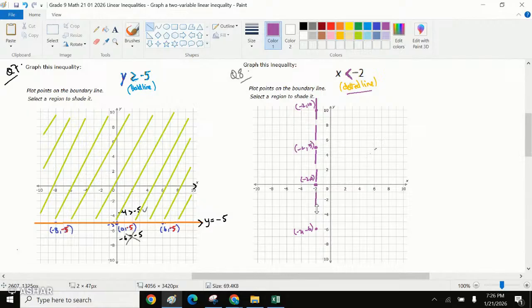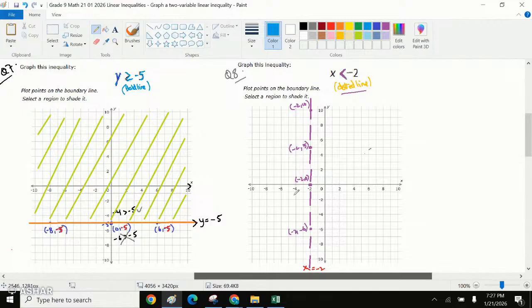So once we have drawn the dotted line, we can say that this dotted line would not be included in the inequality because x is less than minus 2, not less than or equal to. So let's compare.